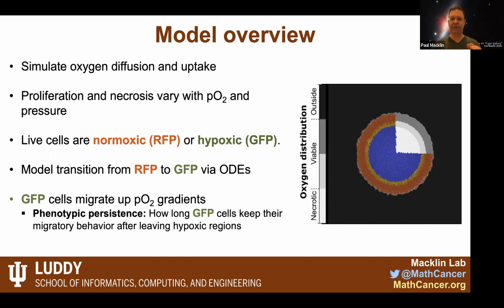And that's a permanent change in our system, and we use an ODE system to model that change in expression. And then we said that green cell types have a migratory phenotype to move up oxygen gradients with a biased random walk. And then we added a phenotypic persistence variable saying that whenever they're out of a hypoxic zone, there's a probability of them switching back to their non-motile or less motile behavior.